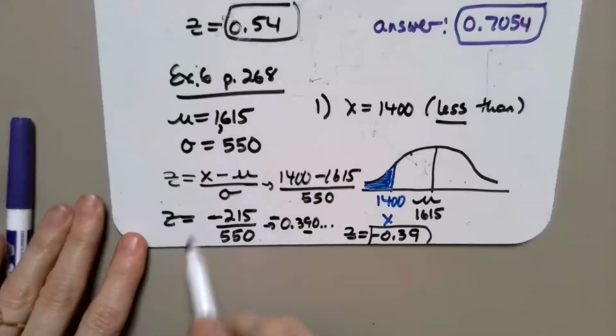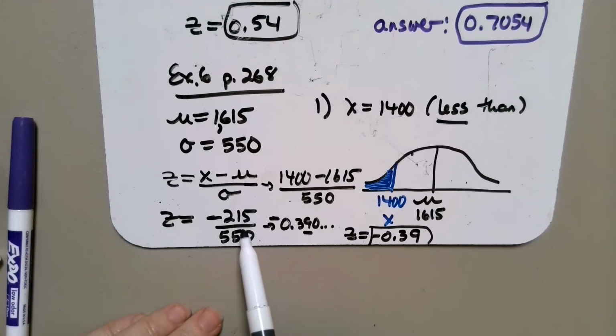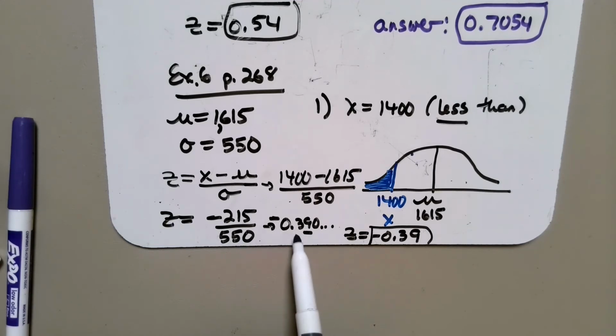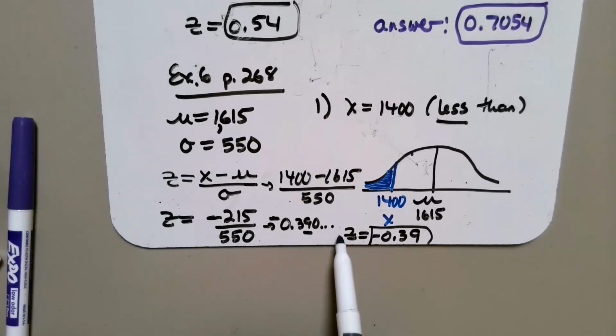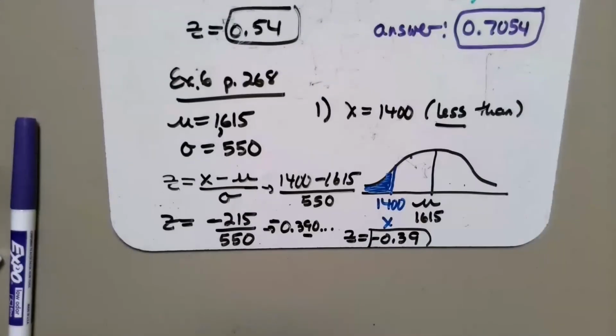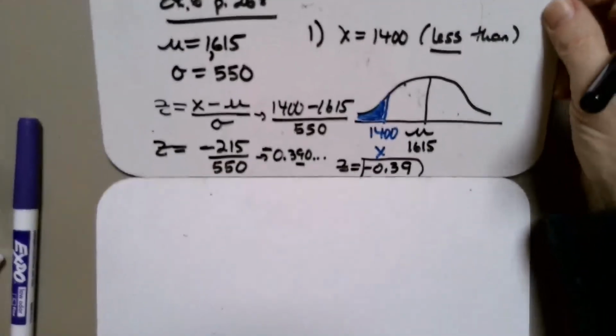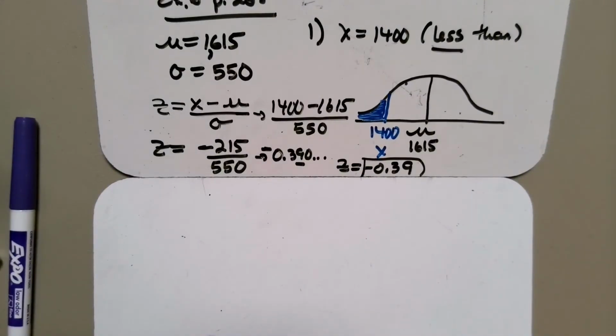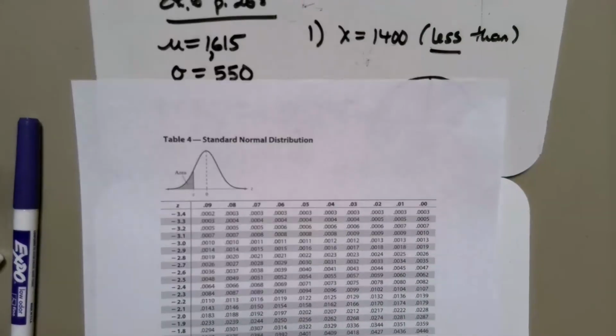So calculating that, we took 1,400 minus 1,615, which is negative 215, divided by sigma, the population standard deviation, 550, which gives you negative 0.390 something, rounding to 2 decimal places so we can look it up in the table, negative 0.39. And so we're going to go to our z-table on the negative z side, and we are going to look up that z-score of negative 0.39. So I'm in row negative 0.3.